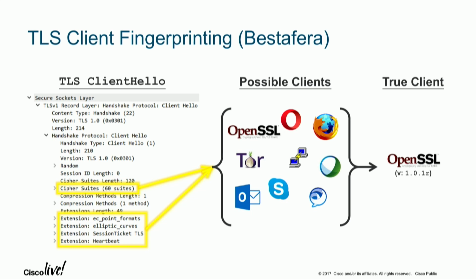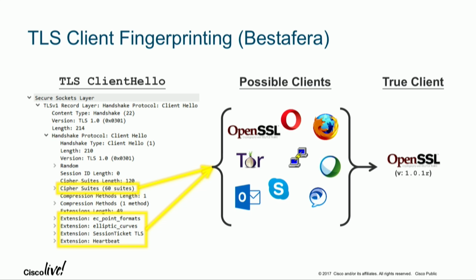What we believe, from the data that we've seen, is that every specific TLS library in itself has a unique fingerprint. But then, what's more unique is the way the applications use them, because some applications change the defaults.